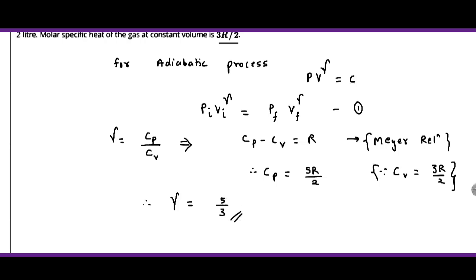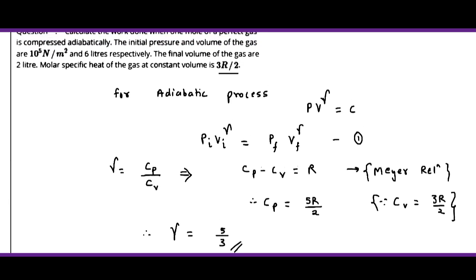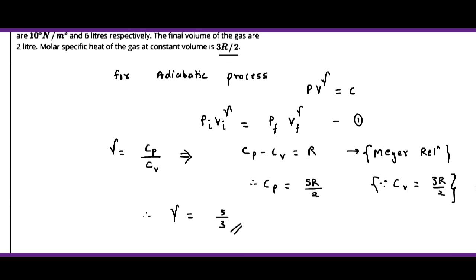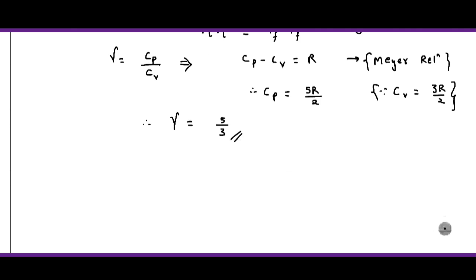Now we have with us the value of gamma, that is the adiabatic index, so the work done formula can now be written as follows.